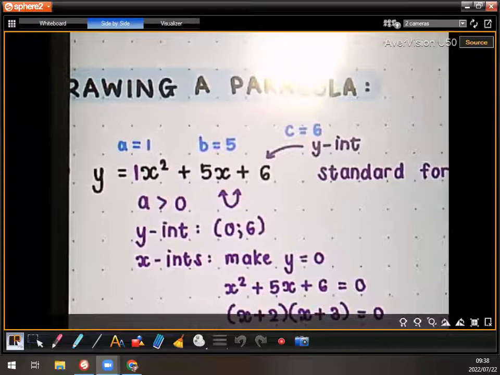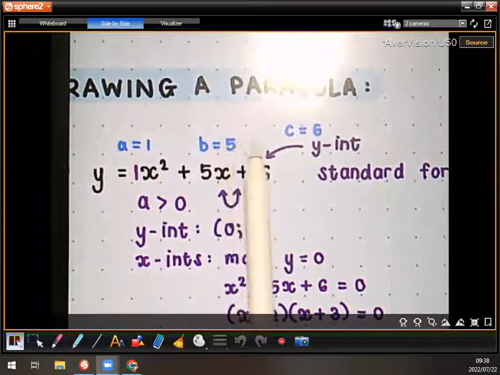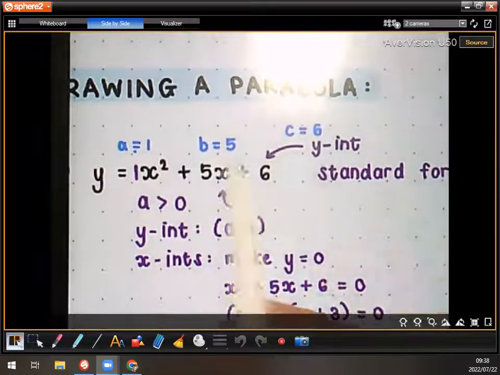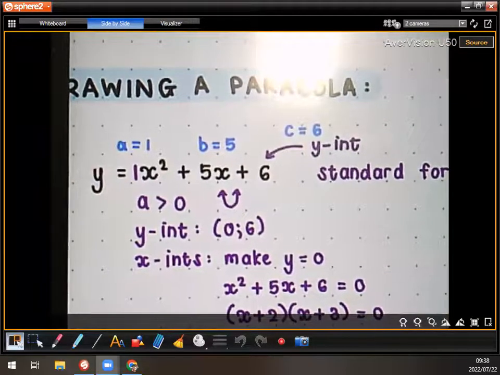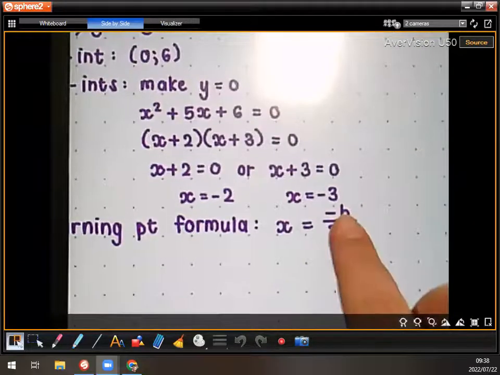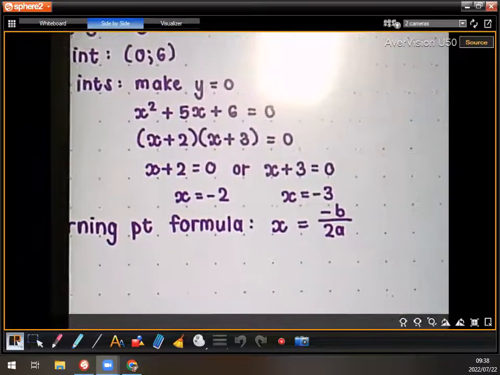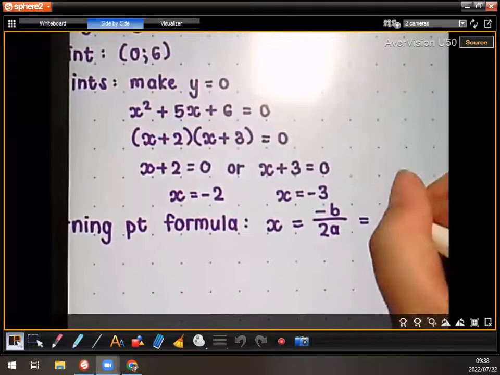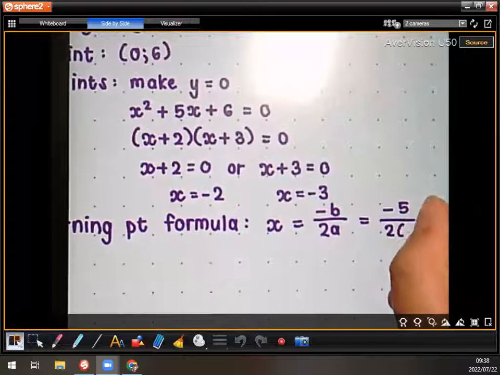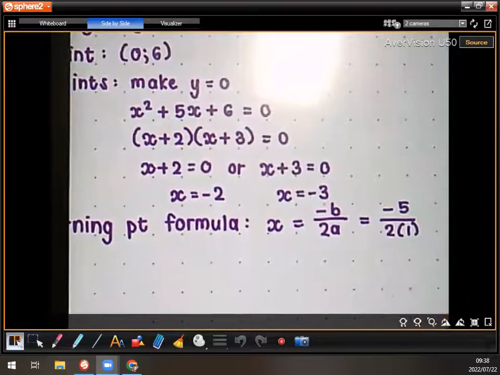So now when we're doing negative b over 2a, we're going to do negative 5 over 2 times 1. So we're using the b and the a values from the equation of the graph. So x is going to be negative 5 over 2a, but a was 1.